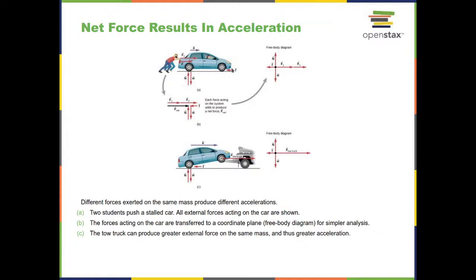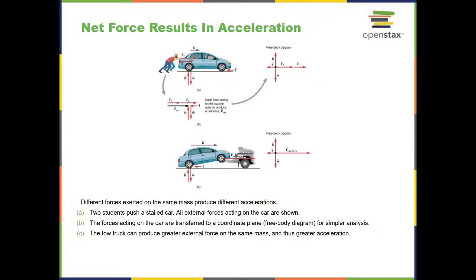There's a force little f, that's our friction, that's going in the opposite direction. And then there's a normal force and a weight that is acting on this car. So these are the external forces on the car, and so in the free body diagram we draw these forces in the direction in which they're applying.